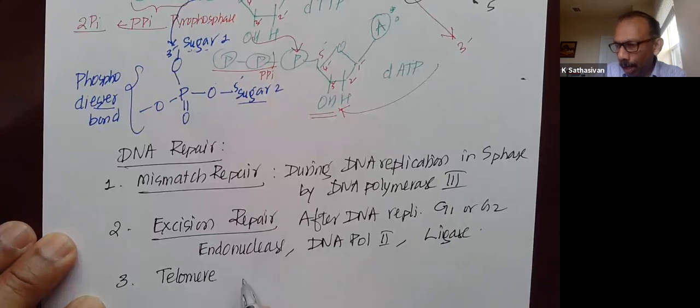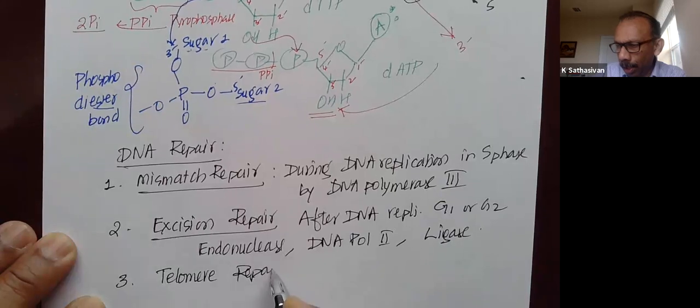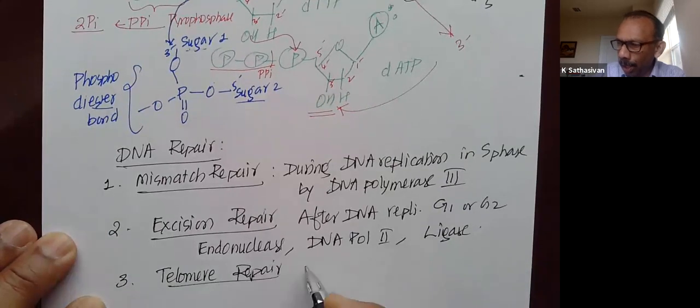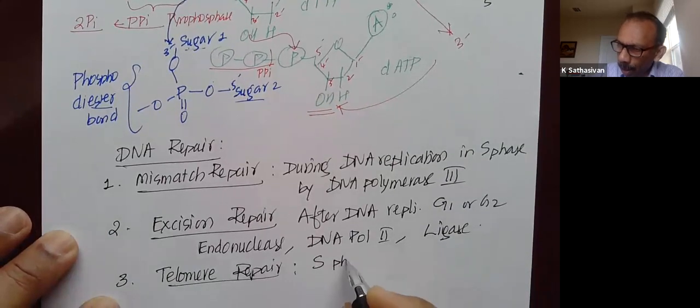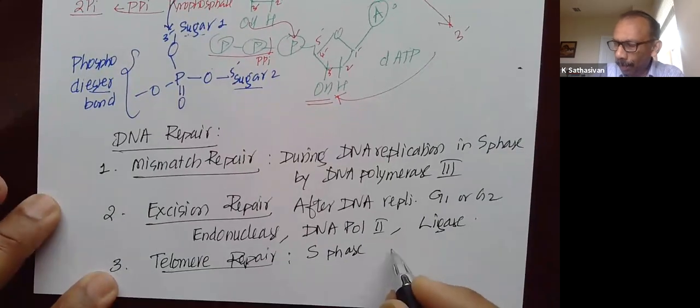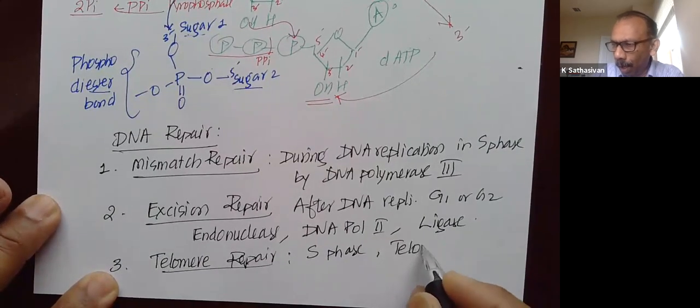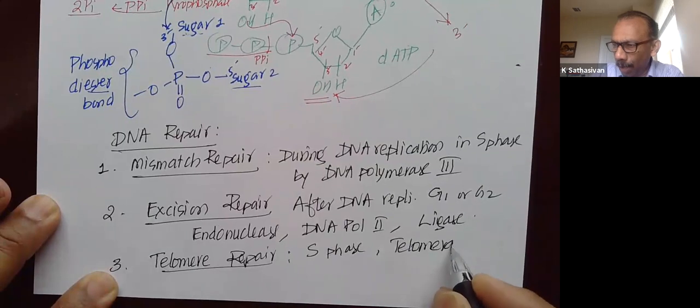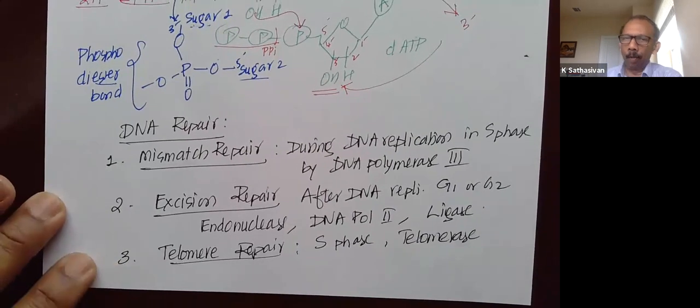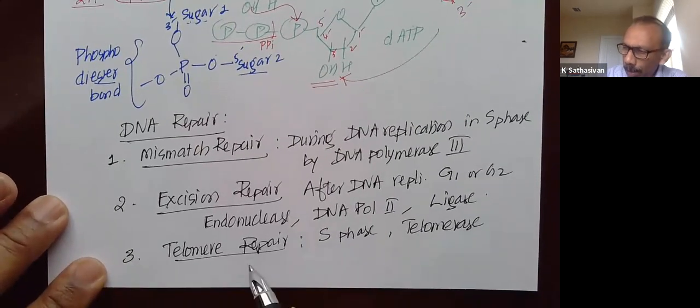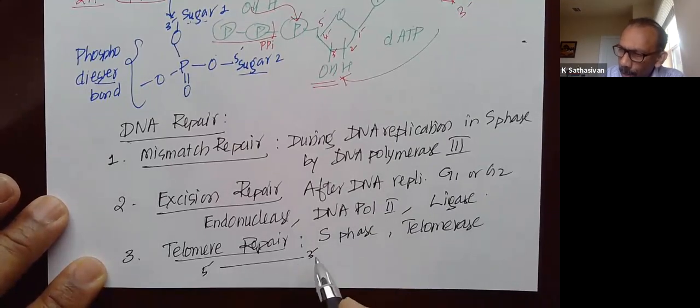So the telomere repair is a little bit tricky in the sense that during S phase, the enzyme telomerase will protect the telomere from degradation. Why is the telomere degraded? See, for example, if this is 5' to 3', so the 3' end is the telomere region, and you add an RNA primer here.